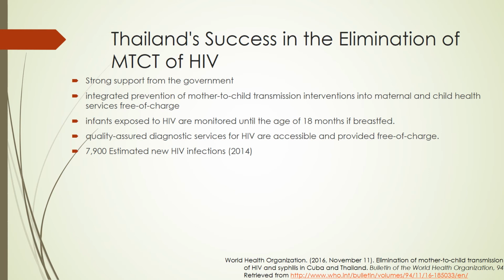They have integrated prevention of mother-to-child transmission interventions into maternal and child health services free of charge. Routine HIV testing for pregnant women and their partners is an essential element for the success. Mothers diagnosed with HIV and their exposed infants are followed up through the health facilities linked and supported by their communities.